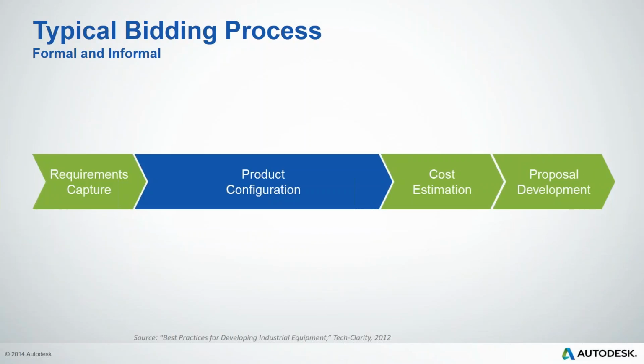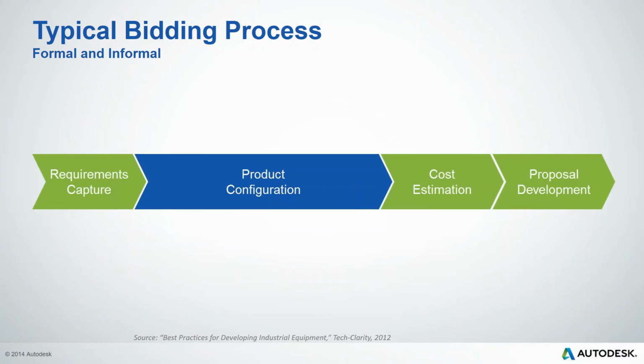When a customer comes to you or to a group of people they're looking to get quotes from, they're submitting their requirements, what it is they want, what it is that they need this thing to do, right? And then your organization or your company takes that information, the requirements, and starts to build out and configure a product that matches what they're looking for.